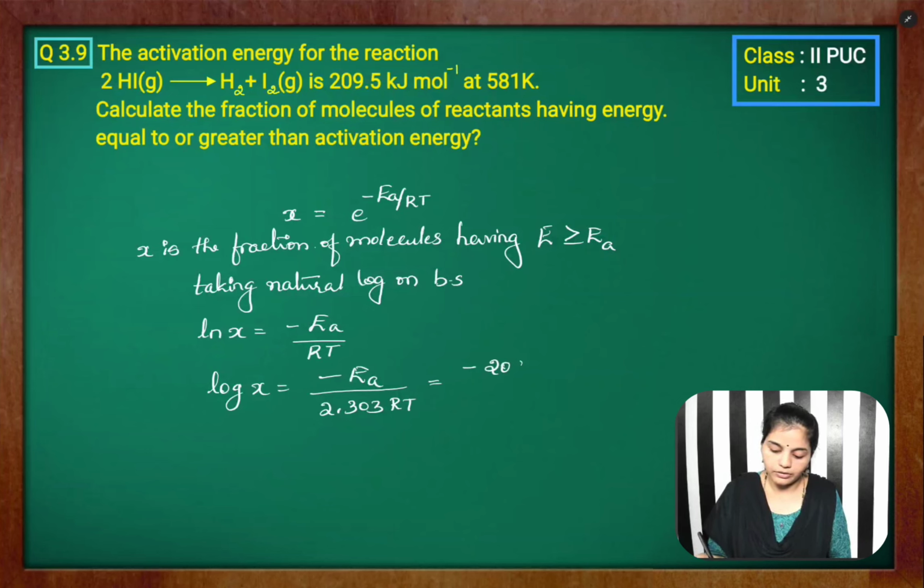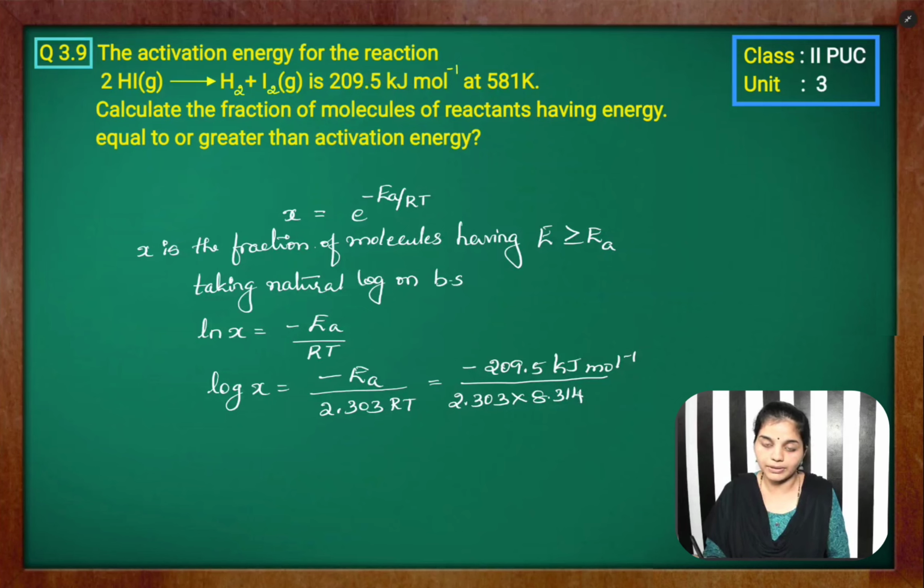So minus of 209.5 kilojoules per mole divided by 2.303, R is 8.314 joule per Kelvin per mole, into temperature, that's 581 Kelvin. The unit of gas constant is joule per Kelvin per mole, so this mole inverse gets cancelled. Per Kelvin and Kelvin, both are present in the denominator, and cancel with one another.